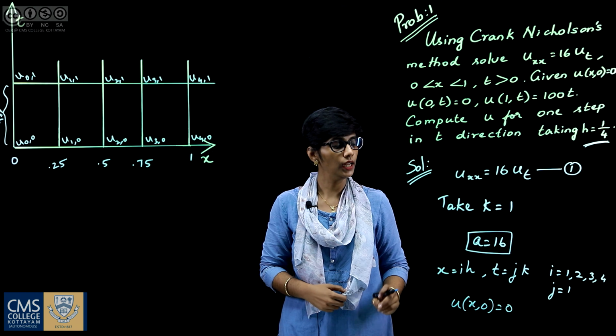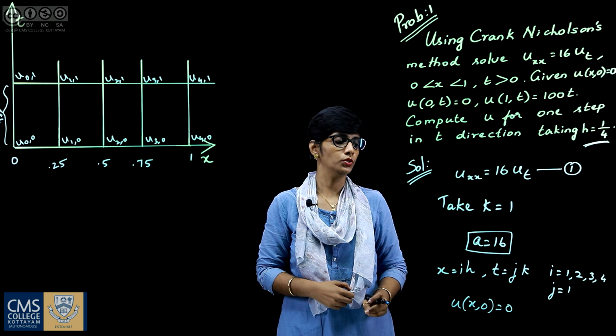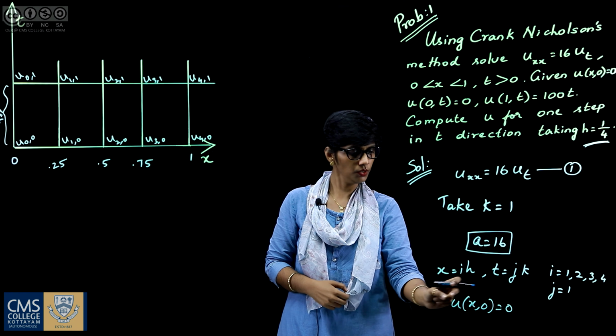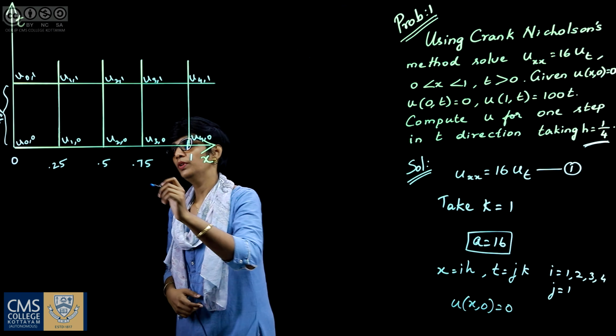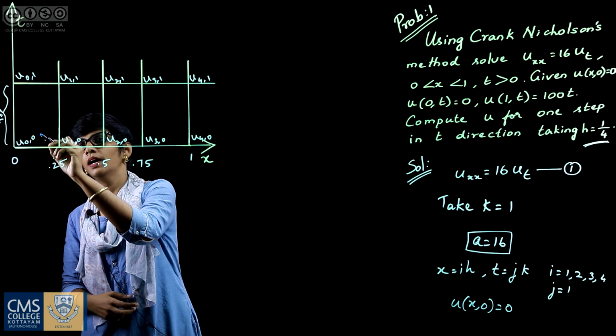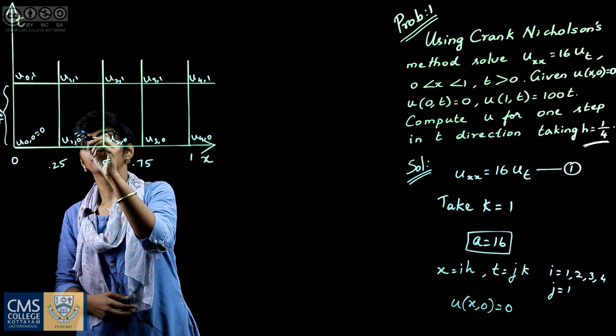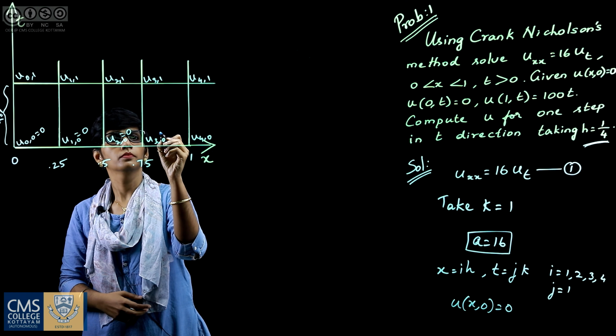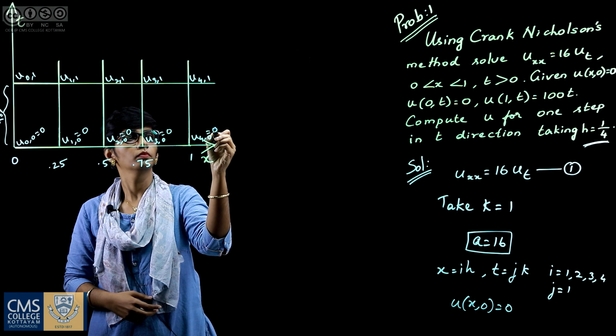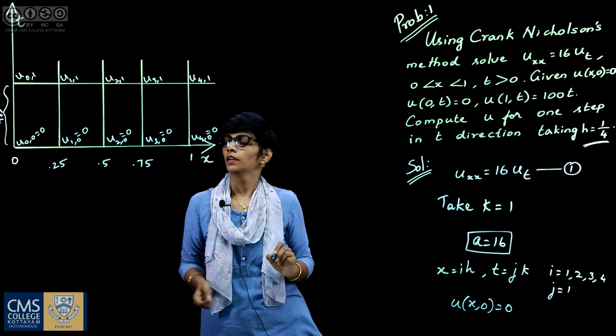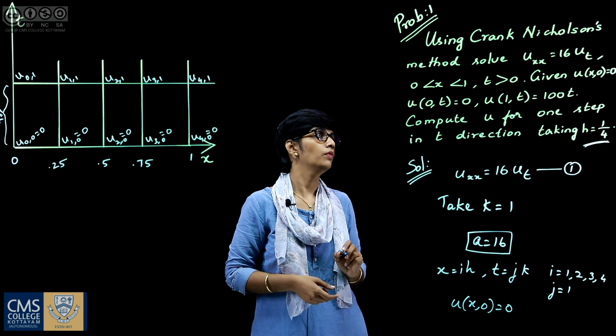That is, for any value of x, at t = 0, u will be equal to 0. So we have all these values. This is the initial value.